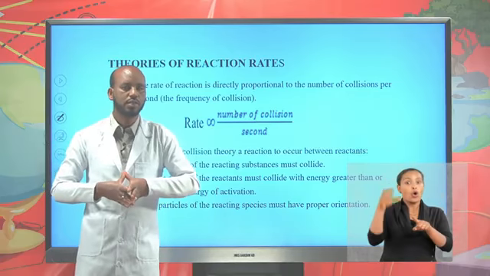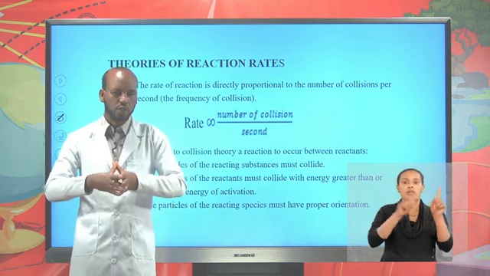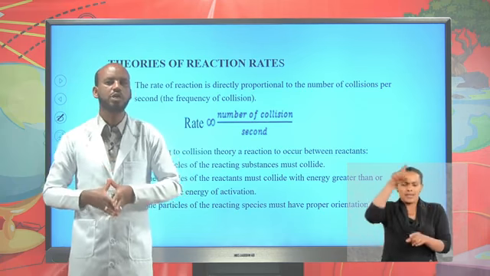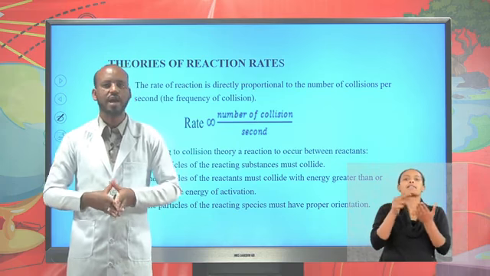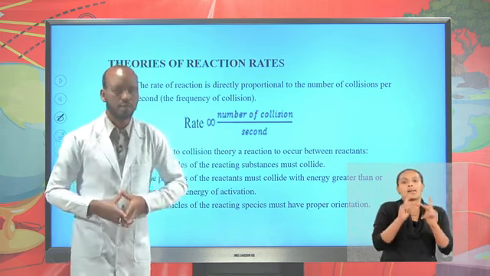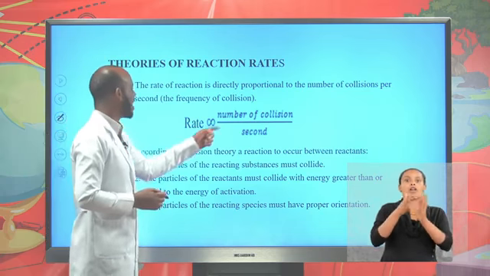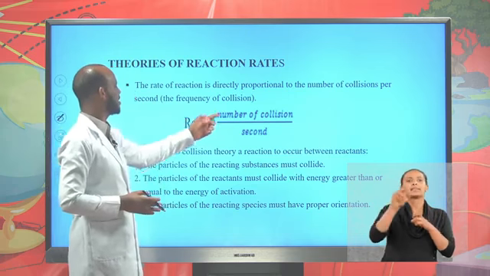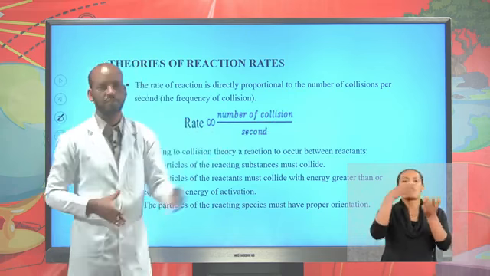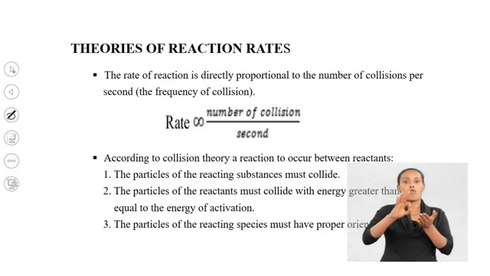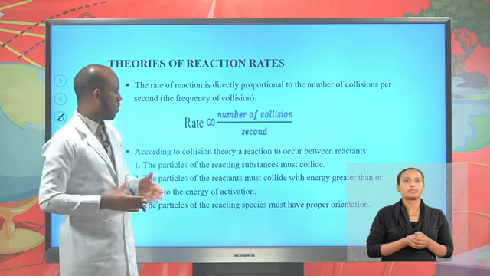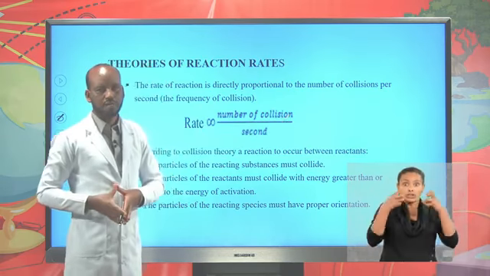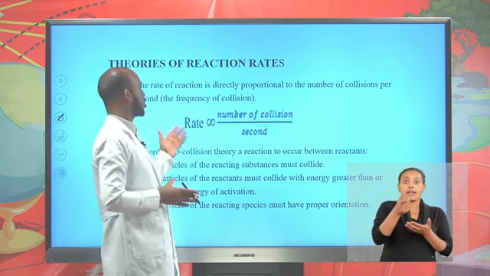According to collision theory, in order for the reaction to take place, there must be collision between reacting particles. Number of collisions per second is frequency of collision. With more collisions between reacting substances, the rate of the reaction is high.